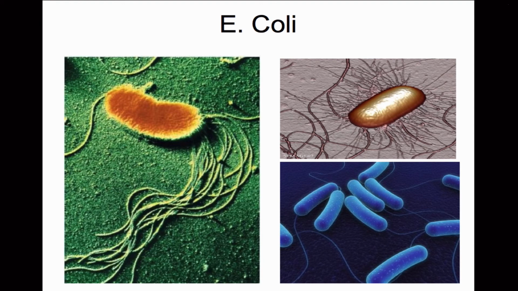It provides us with vitamin K, but E. coli can also be very destructive if we ingest it. A lot of times we'll have E. coli outbreaks in hamburgers, and it's because they're not cooked well enough. So one way to avoid an E. coli outbreak is to make sure that hamburgers have been cooked all the way through.